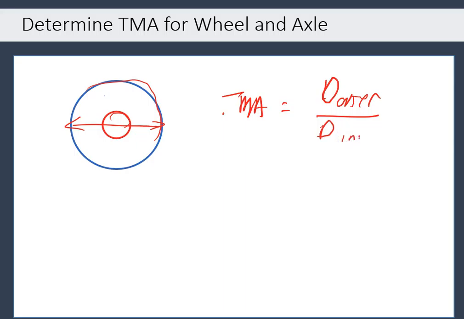Not the input diameter, but the inner diameter. And here, I'm guessing, probably not exactly, but it's about 3. So I'm guessing that the big diameter is about 3 times the little diameter. So it's about 3 to 1, or simply a mechanical advantage of 3.